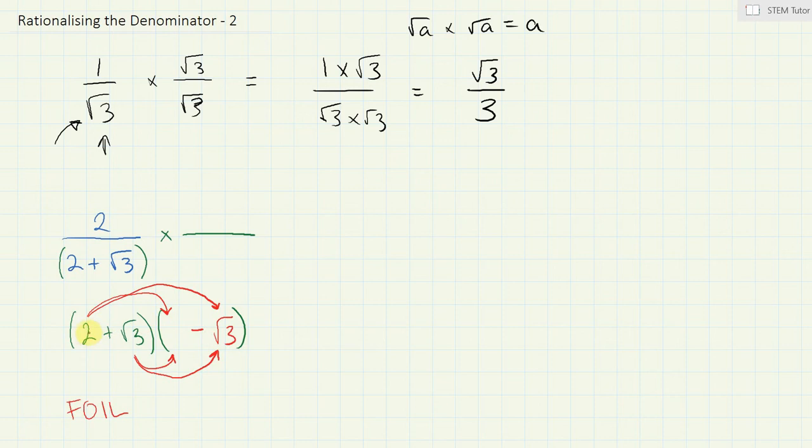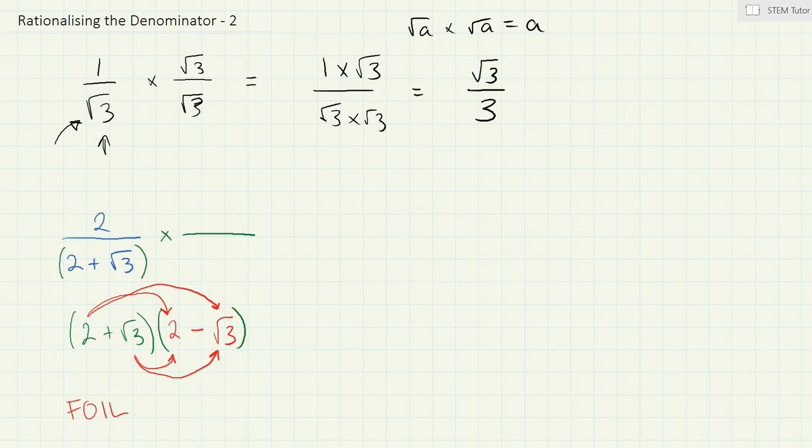So for example, if 2 would be multiplied by this number, 2 would then be multiplied by this, so we'd get minus 2 root 3, plus root 3 would be multiplied by this, and then plus root 3 times minus root 3 would be minus 3. So in order to remove the same number of root 3's, we would then need 2 here.